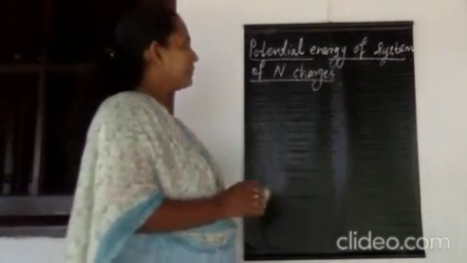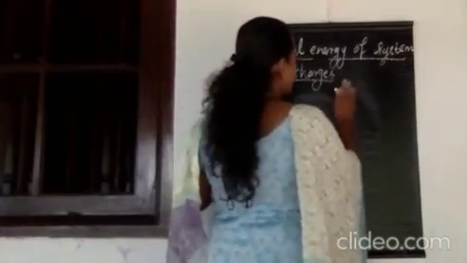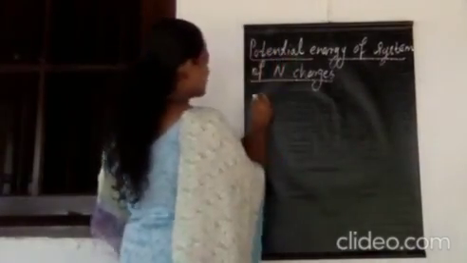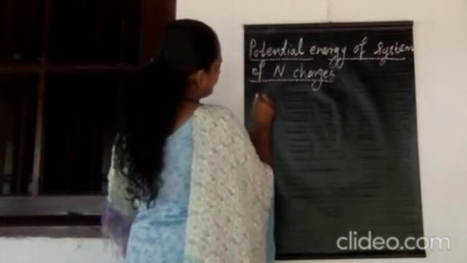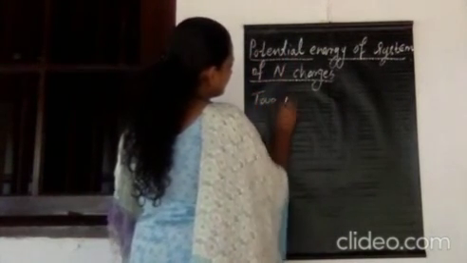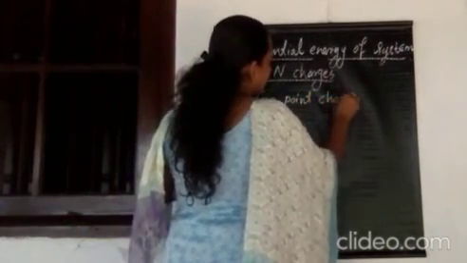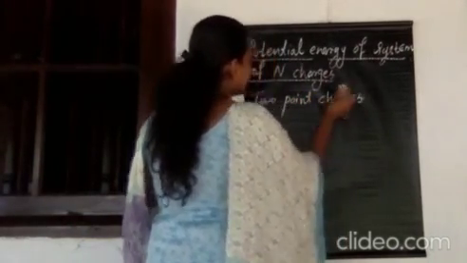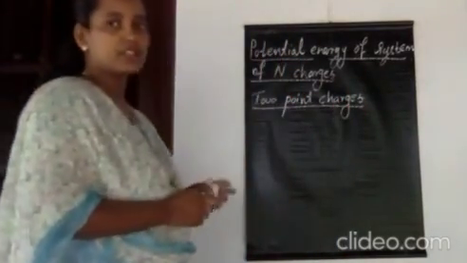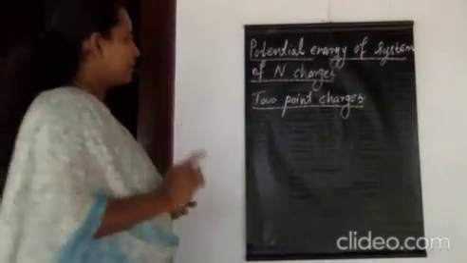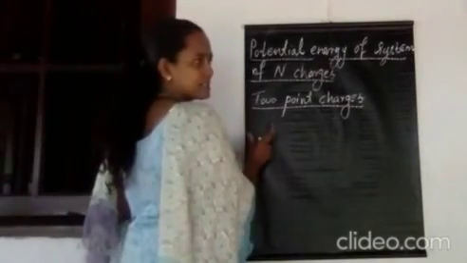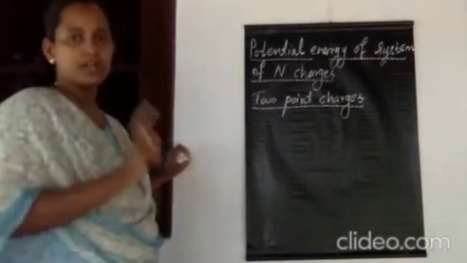So n point charges. First we can consider the simplest system, a system of 2 point charges, and then we can extend our idea to a system of 3 point charges and then to a system of n point charges. Whenever we consider the simplest system, a system of 2 point charges, there will be only 2 charges.